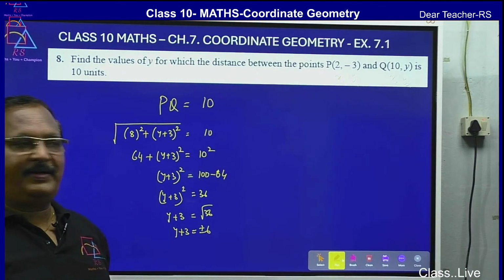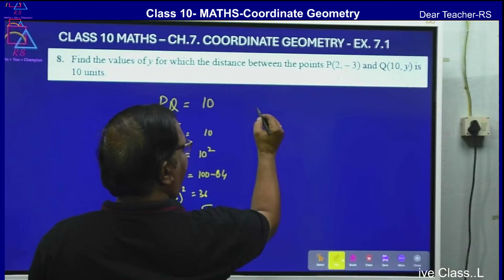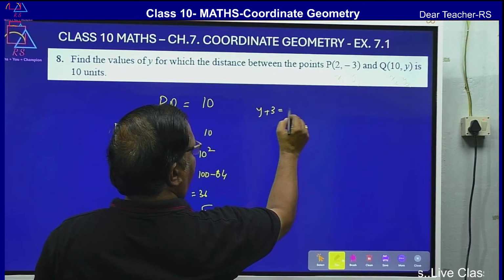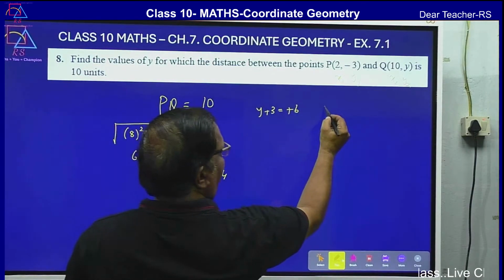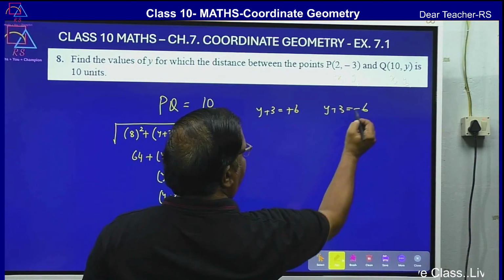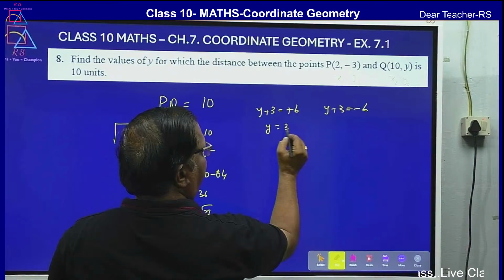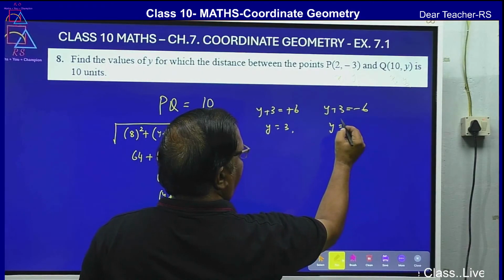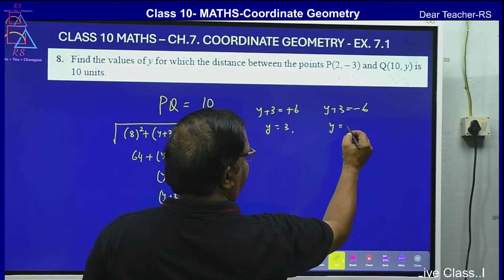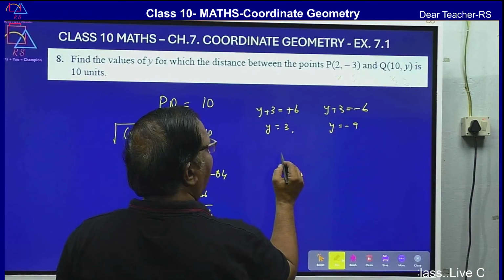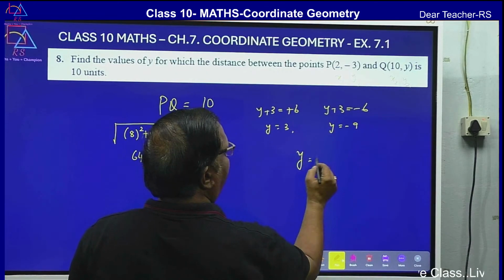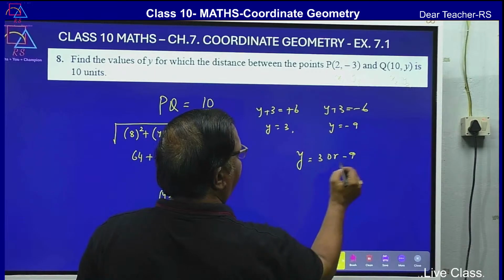Then y plus 3 is equal to plus 6 one time, and y plus 3 is equal to minus 6 one time. So y is equal to 6 minus 3, 3, and y is equal to minus 6 minus 3, equal to minus 9. Therefore, y can be 3 or minus 9.